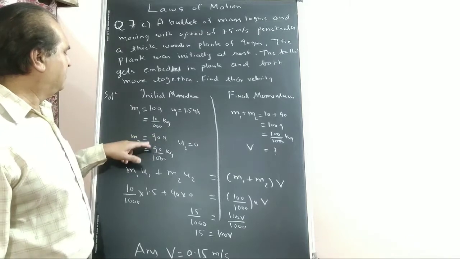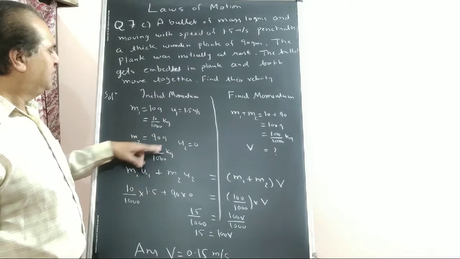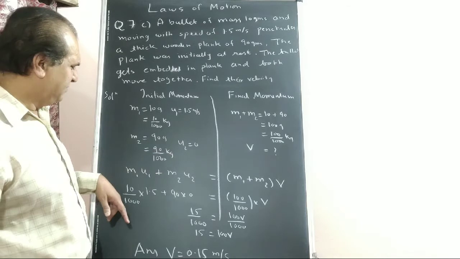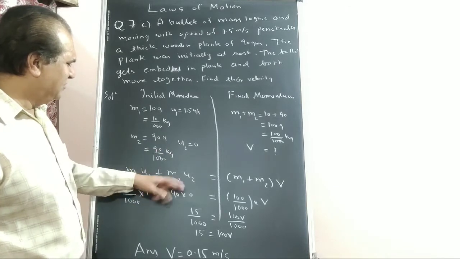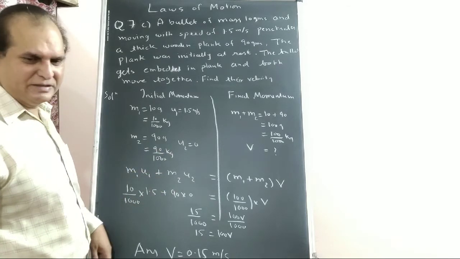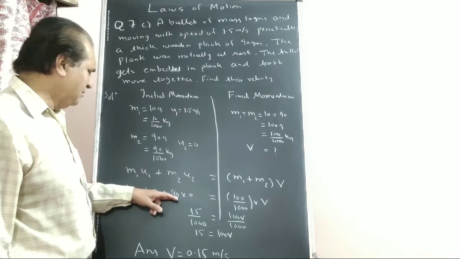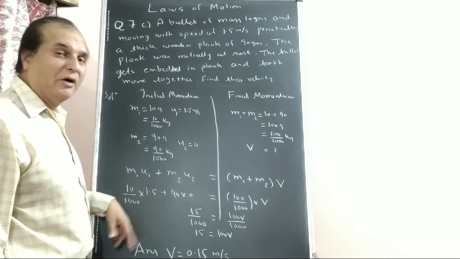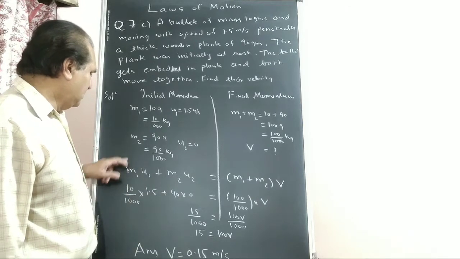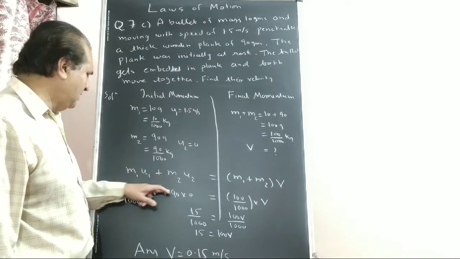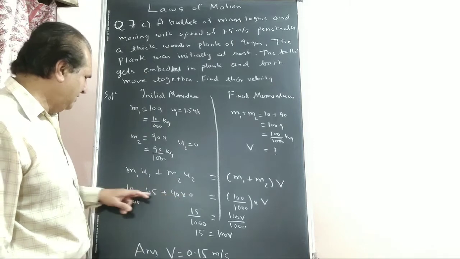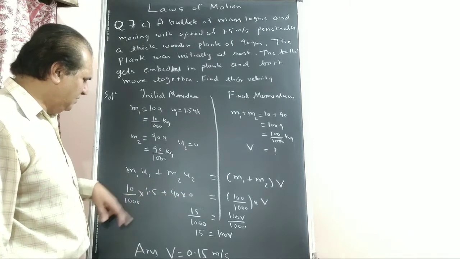M2 is 90 gram, 90 upon 1000 kg. U2 is 0. Anything into 0 is not considered, because this product will be 0. So initial momentum is M1 U1 plus M2 U2, 10 upon 1000 into 1.5 plus 90 upon 1000 into 0.